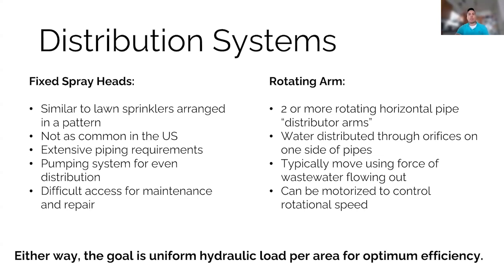So that's why you have those orifices all on the same side. But it can also be controlled using a motorized mechanism. But really, the whole goal of this is just to make sure that you have a consistent hydraulic loading to your media of your clarifiers. And all these are designed for continuous flow, and they should not require any backwashing.